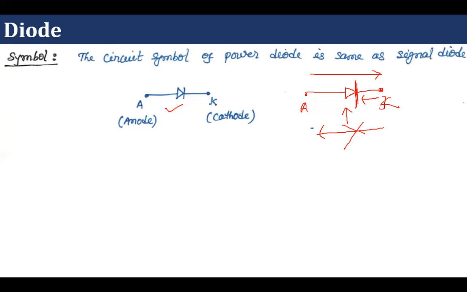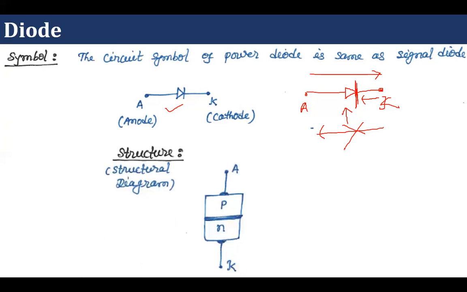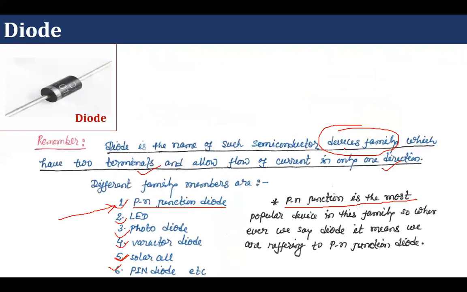So from the symbol itself, we can understand about the device. But here one point I would like to show is that the symbol and the actual diode are totally different. The actual diode is not looking like this. Here we have a strip. This strip side terminal is cathode and this terminal is anode.